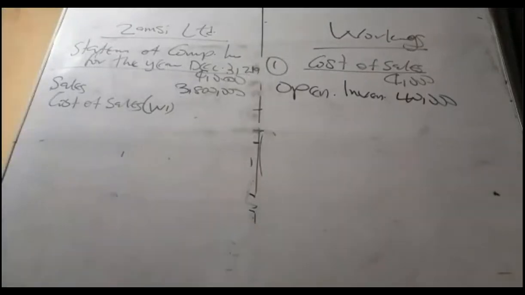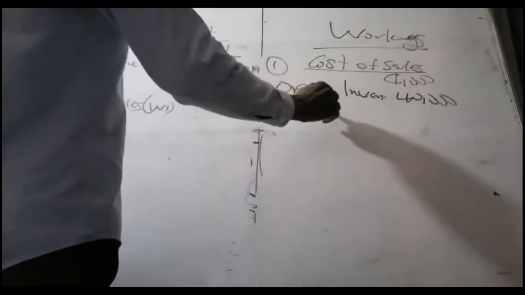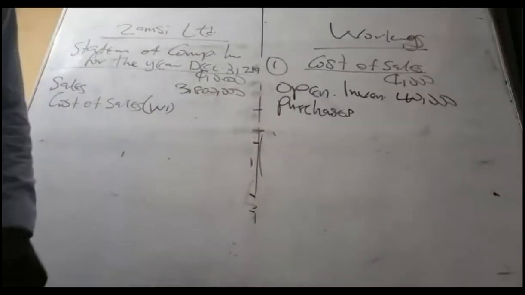Then I'll go to my purchases. Then I'll add purchases. Now the purchases are still in the same trial balance. I'll go and look for it.